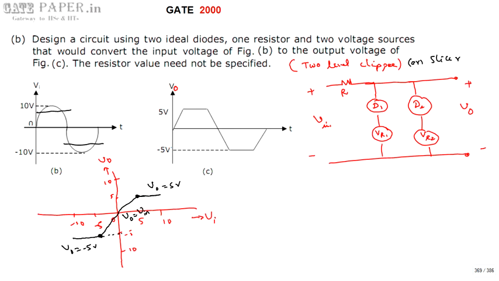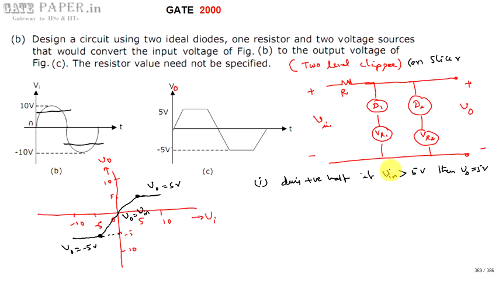Now come to the positive half cycle, case 1. During the positive half cycle, if V input is greater than 5 volts, then V0 should be equal to 5 volts.